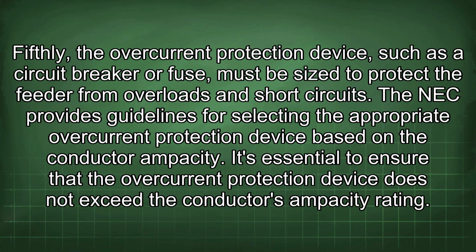Fifthly, the overcurrent protection device, such as a circuit breaker or fuse, must be sized to protect the feeder from overloads and short circuits. The NEC provides guidelines for selecting the appropriate overcurrent protection device based on the conductor ampacity. It's essential to ensure that the overcurrent protection device does not exceed the conductor's ampacity rating.